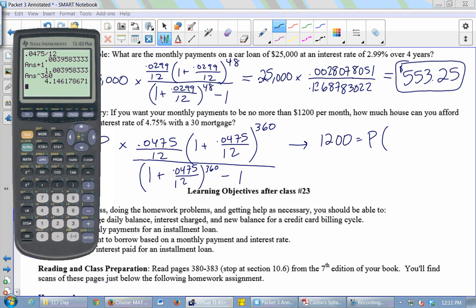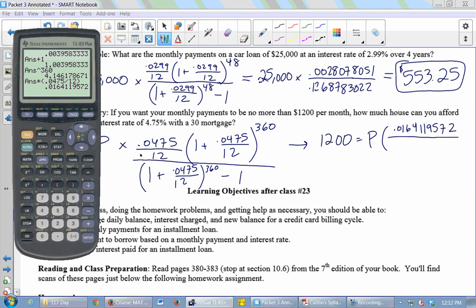And then I have to multiply by this 0.0475 over 12 times 0.0475 divided by 12. Okay, so that's 0.0164. So I think I might write that down. This is 0.0164119572. So that's my numerator.